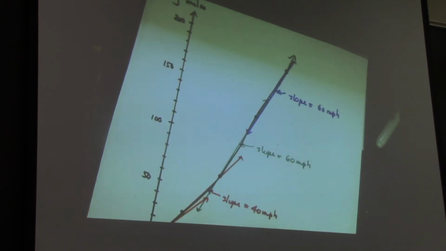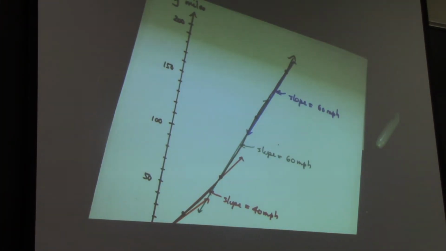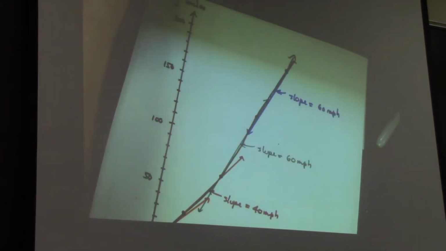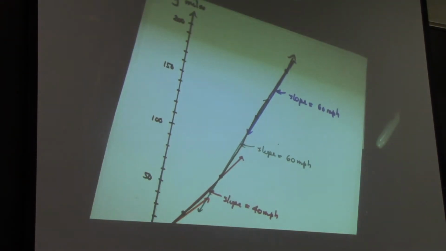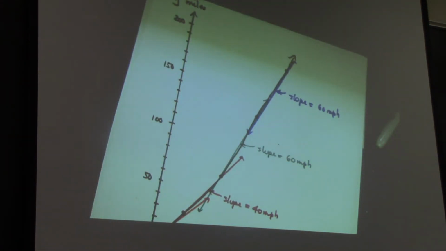Now, in this graph, the slopes are getting bigger. In calculus you study slopes. Basically, that's what the first half of calculus is all about, slopes. And so you'd look at this curve and you'd say, oh look, those slopes are getting bigger, at least for a while.